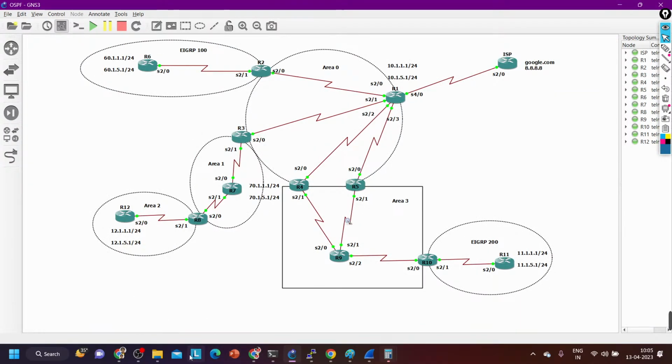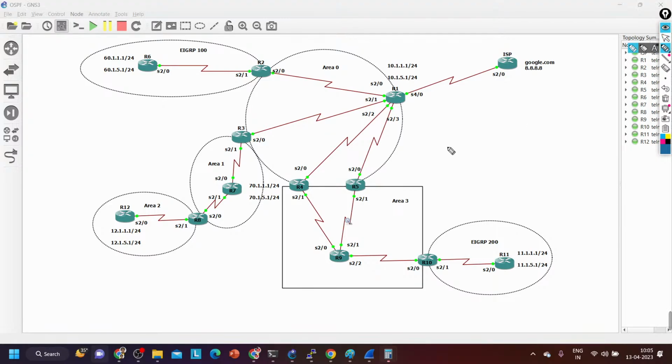Okay. So always keep in mind, whenever an ASBR router generates an LSA 5, it will send the LSA 5 with forwarder address 0.0.0.0. But whenever the ABR converts an LSA 7 into an LSA 5, the forwarder address will be the address of the ASBR router. And you know how this router is calculating the forwarder address.